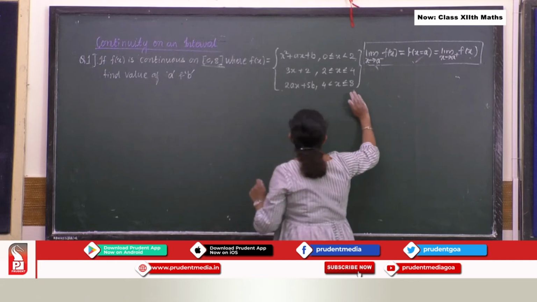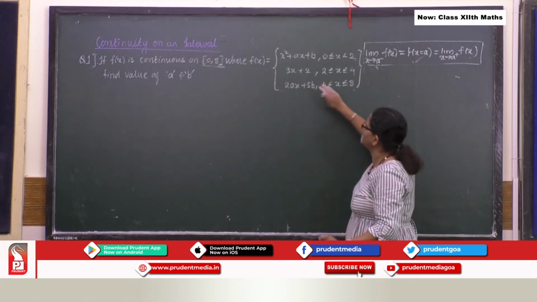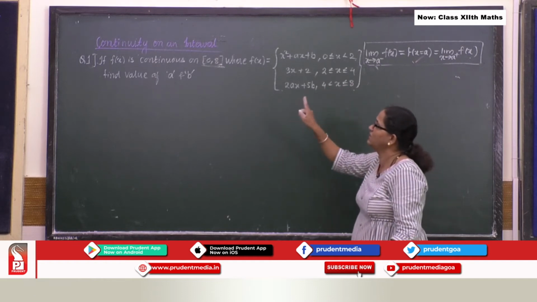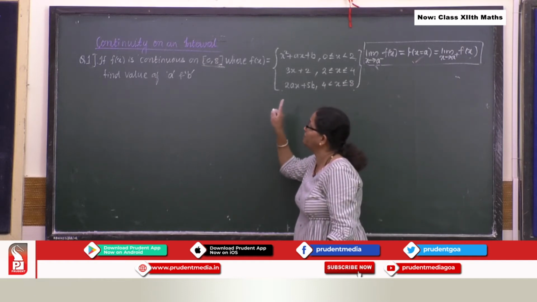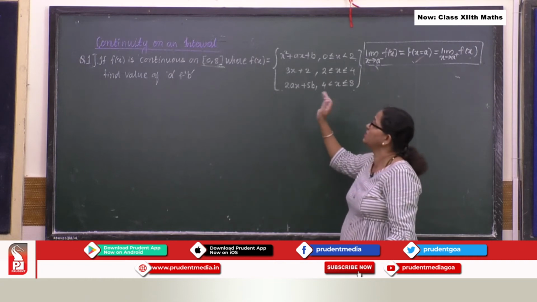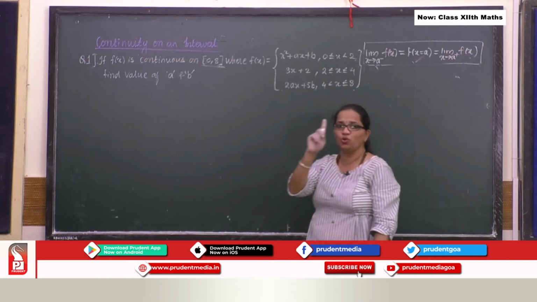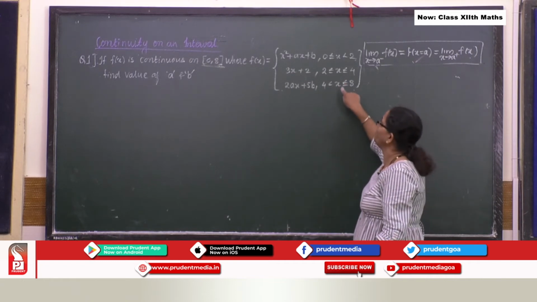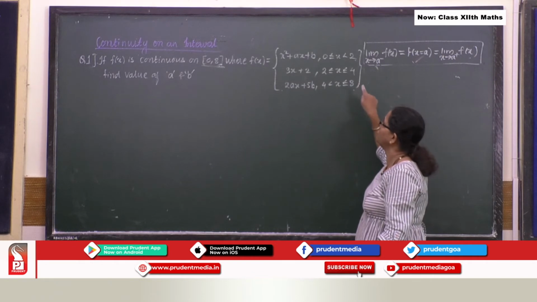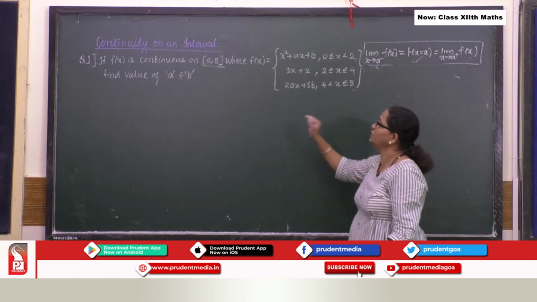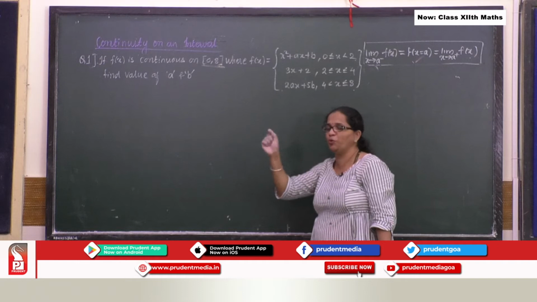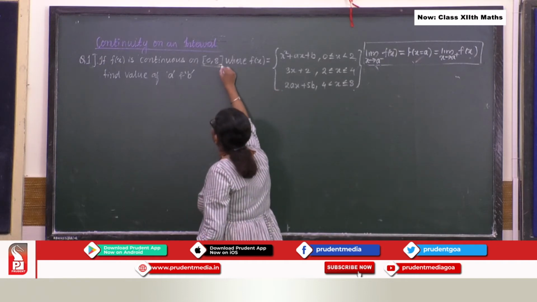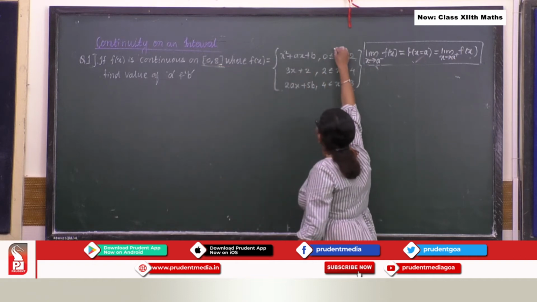Nowhere is it mentioned at what point the function is to be shown continuous. When you study this function, you will be able to analyze that you need to check two points. Look at this. Here we are talking about the closed interval 0 to 8.